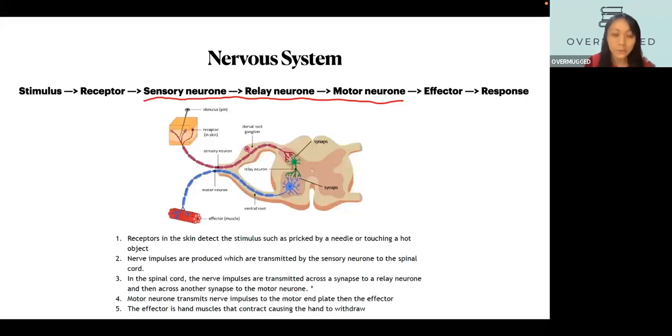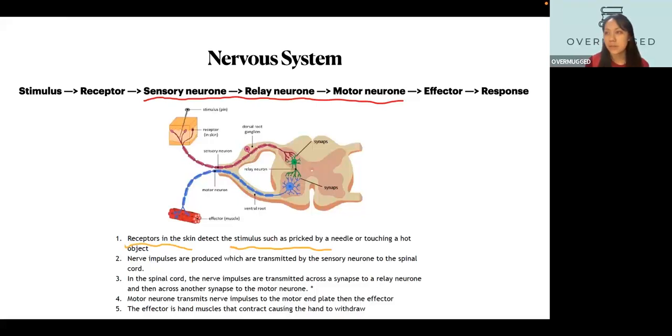Let me give you an example here. The most basic example is if someone is pricked by a pin. The stimulus here is being pricked by a needle. I cannot draw a straight line. Stimulus: pricked by a needle, and then the receptor in the skin can detect it.